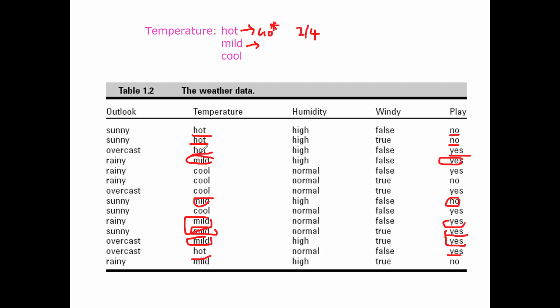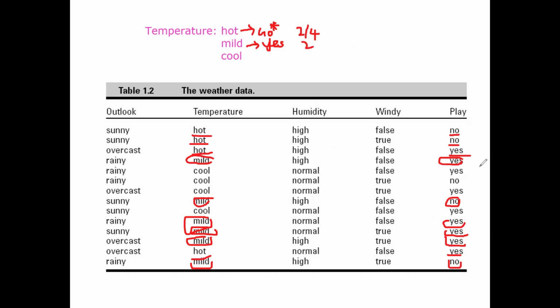So which means when we have mild, here is also mild. How many? 1, 2, 3, 4, 5, 6. Out of 6, we have yes, no, yes, yes, yes, no. The most frequent class is yes, right? What is the error rate? We have one no here, another no here.